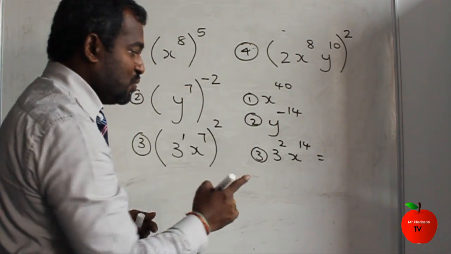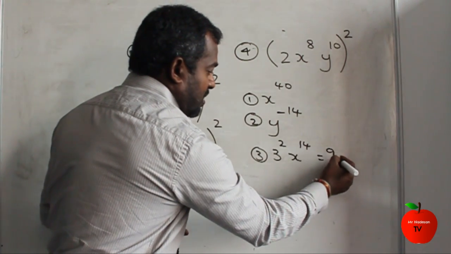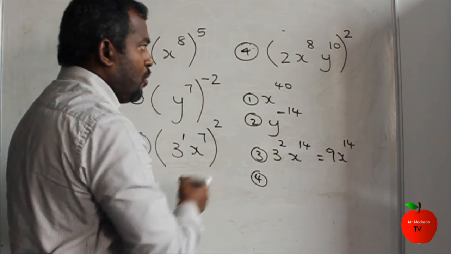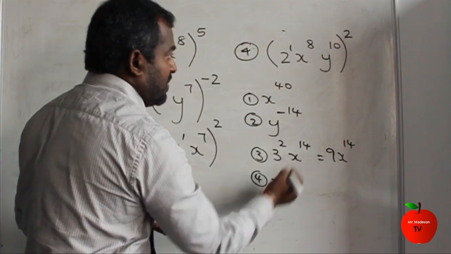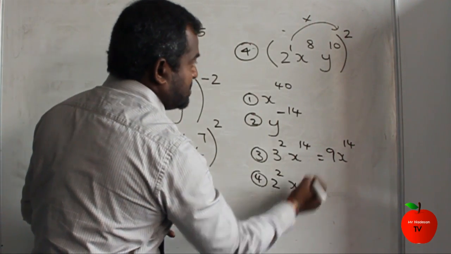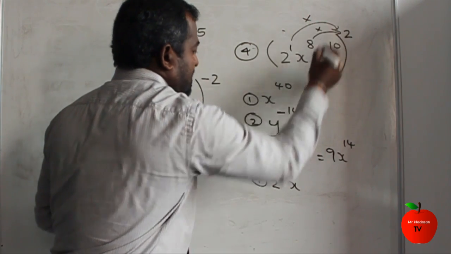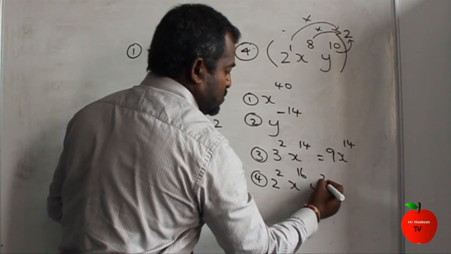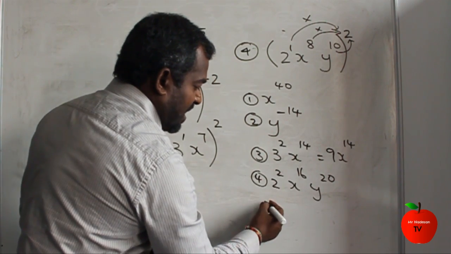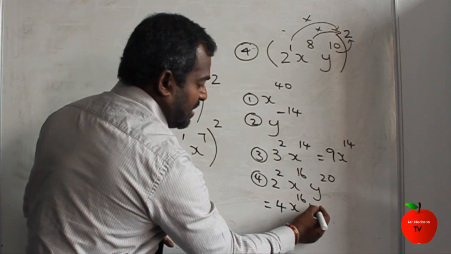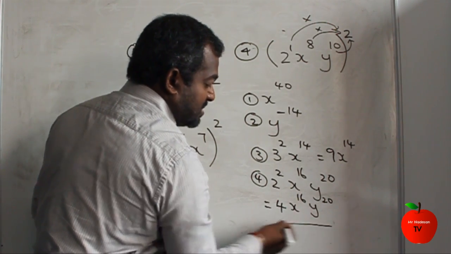You have to make sure 3 squared is 9, x to the power 14. Question number 4, that means 2 to the power 1 times 2 is 2, and then x: 8 times 2 is 16, then y: 10 times 2 comes to 20. You simplify that: 2 squared is 4, then x to the power 16, then y to the power 20.